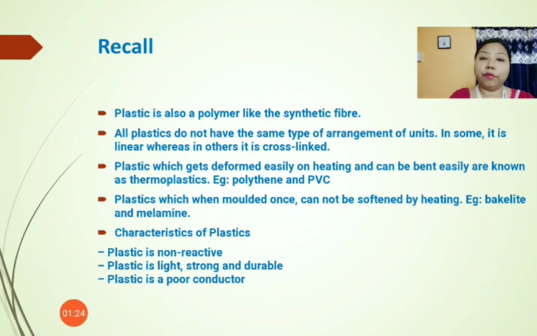Plastics which get deformed easily on heating are called thermoplastic, and the plastics which do not get deformed on heating are called thermosetting plastic. Examples of thermoplastic are polythene and PVC. Examples of thermosetting plastic are melamine and bakelite.